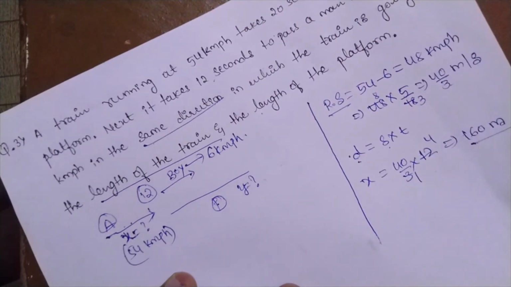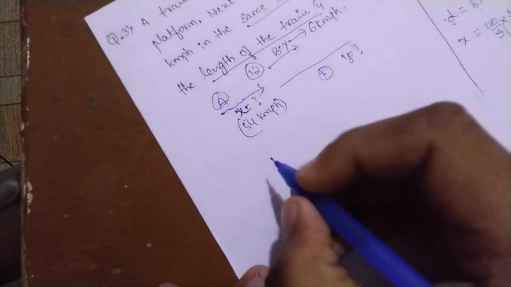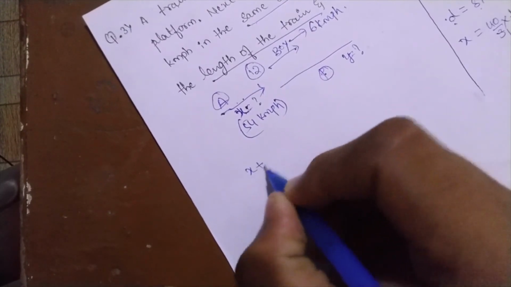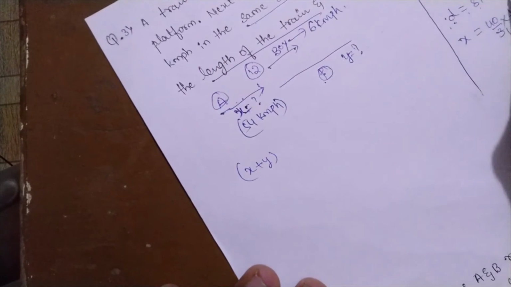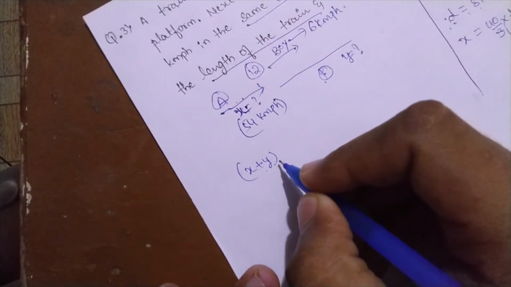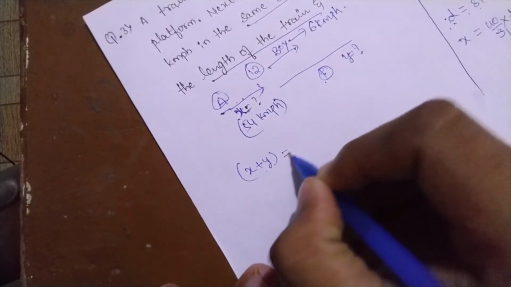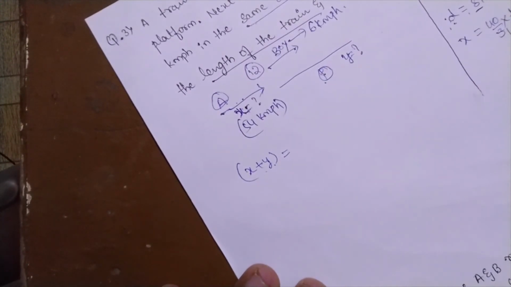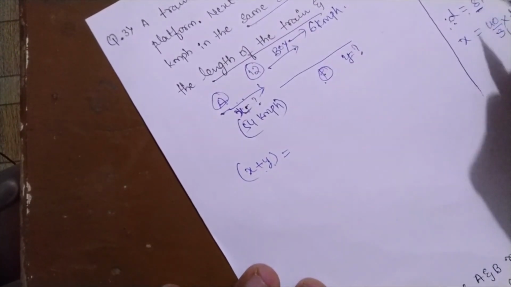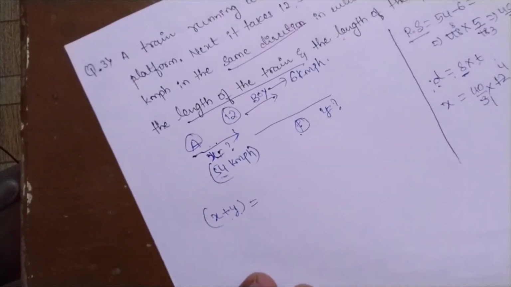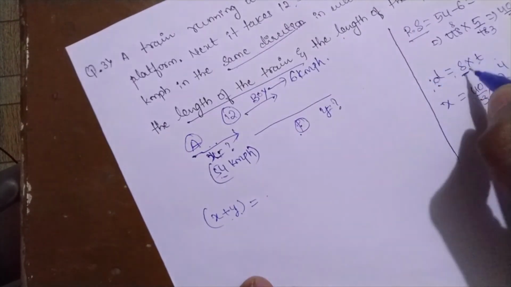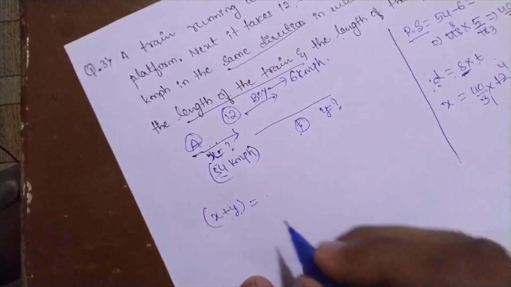Okay, the length of the platform we will find now. So x plus y is the total length. The formula says distance equals speed into time. So the total length of train plus platform equals the speed of the train, which is 54 km per hour.